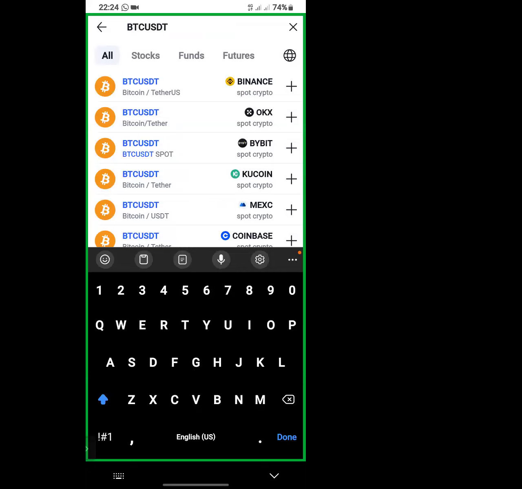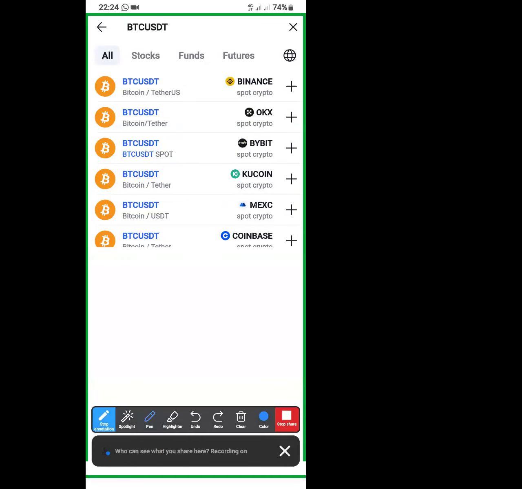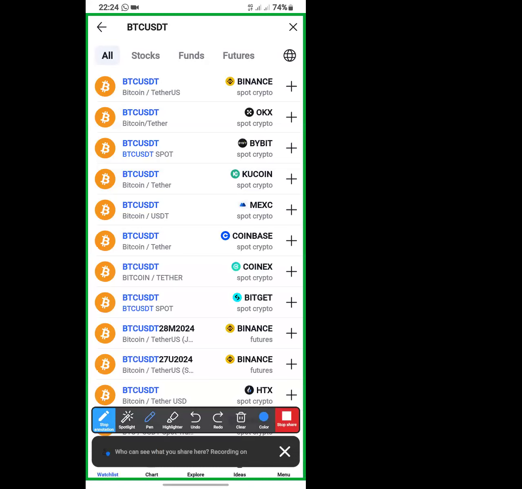When you go to your Royal Queue, we have a few currencies that we pair with Ethereum and BTC, but in most cases we are pairing these currencies with USDT. Whenever you search for any currency and you're going to add it on your watch list, make sure that you choose the exchange that you're using. If you did binding of OKX, Bybit, KuCoin, or maybe some other exchanges like HTX, you have to choose HTX here. If you did KuCoin, you choose KuCoin. But most of us are using Binance.